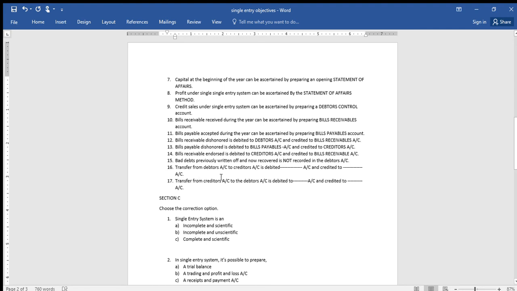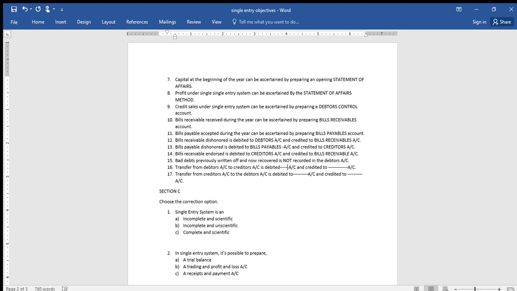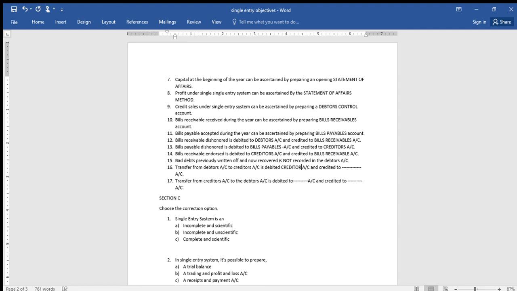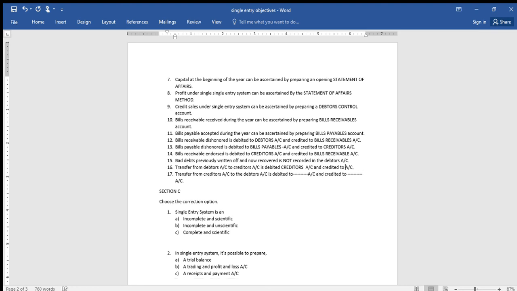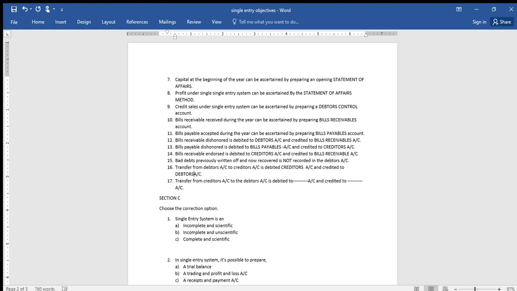We debit the creditors account since it's reducing, you're paying them, and then we credit the debtors account.